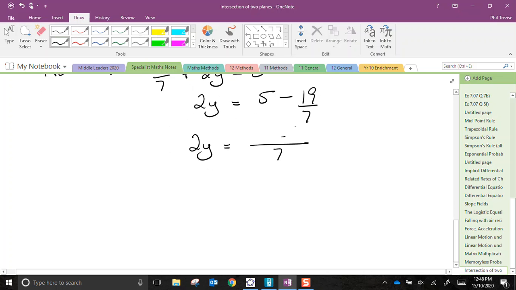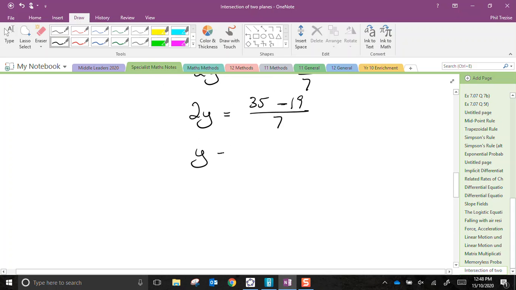Let's write this all over 7. 7 5s are 35. So 35 take 19, that would be 16. I'm going to divide by the 2, the 7 is still there.